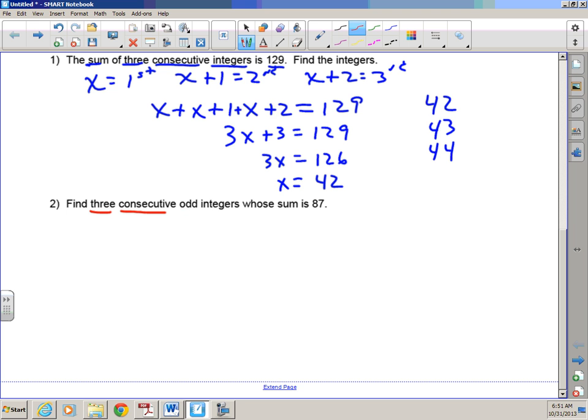3 consecutive odd integers, sum 87. So x is the first, x plus 2 is the second, x plus 4 is the third. I am going to add those.